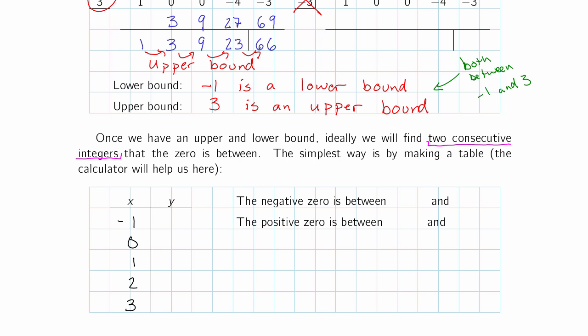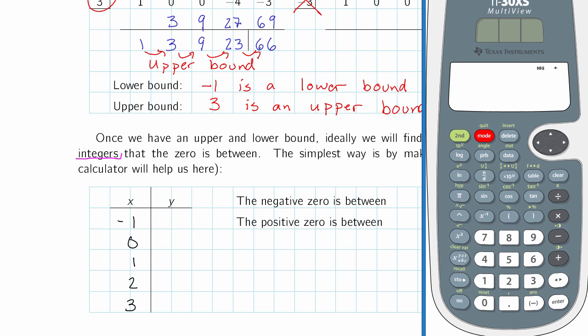So I'm going to grab my calculator. I'm going to go to Table and enter my function, which was x to the 4th minus 4x minus 3. And I'm going to say I want to start at -1 and just count by ones and say OK.